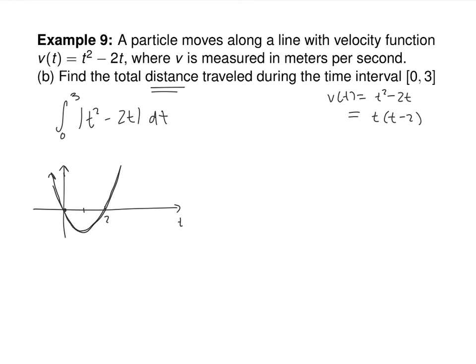So if you're going to break that absolute value up, the first part is from 0 to 2, right? And that's the part that in the original function is negative, right? So to flip it above the t-axis, you have to negate it, which will make it positive, right? And then plus the integral from 2 to 3 of t squared minus 2t.